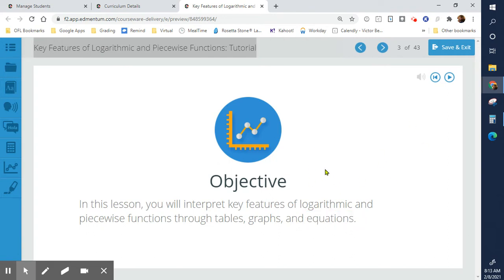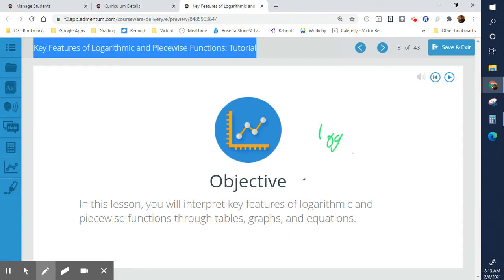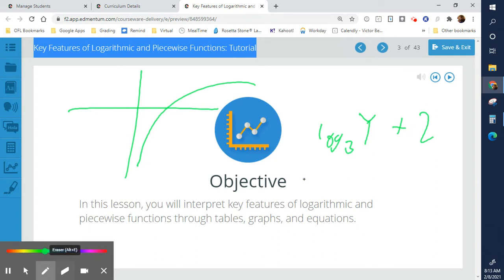Equations, what we're going to do is look at the parts of an equation. For example, if I have log base 3 of y or whatever, and we add a 2, we're going to see how my graph changes based on that random change by just adding the 2.